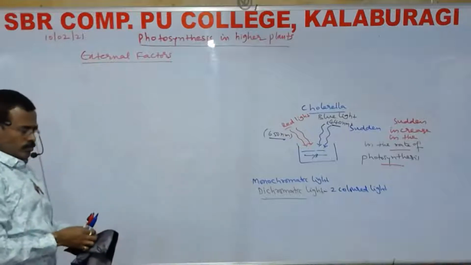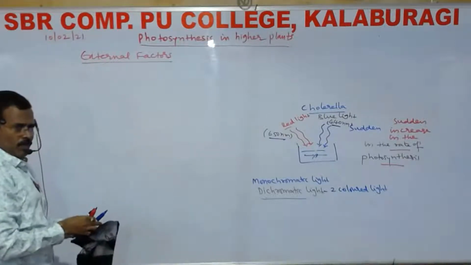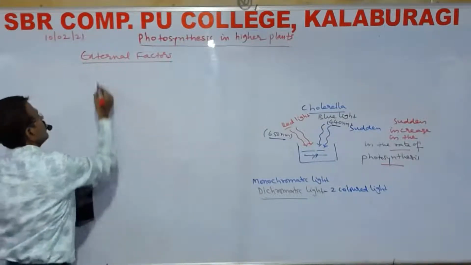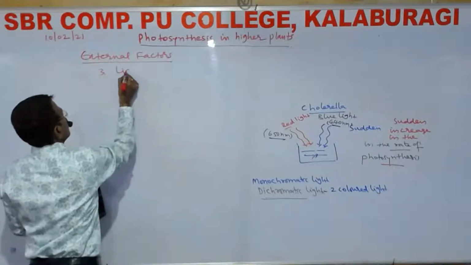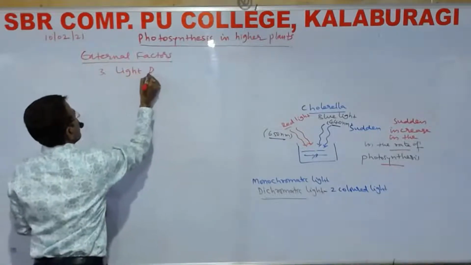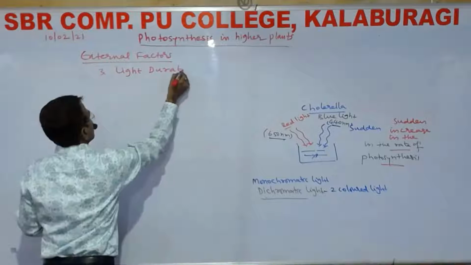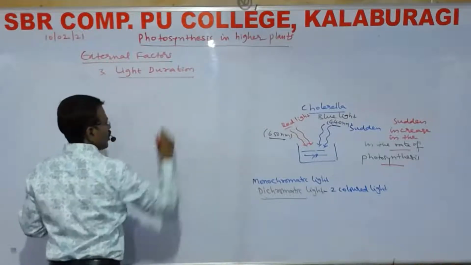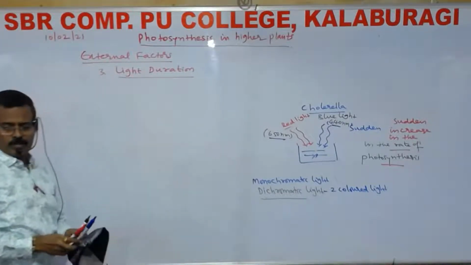So now, the third property of light, that is light duration.